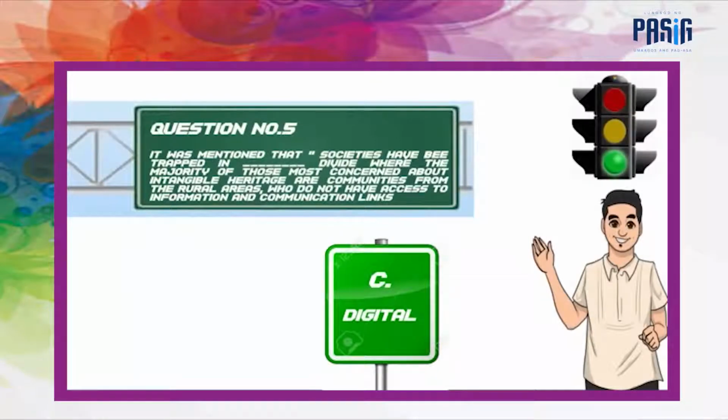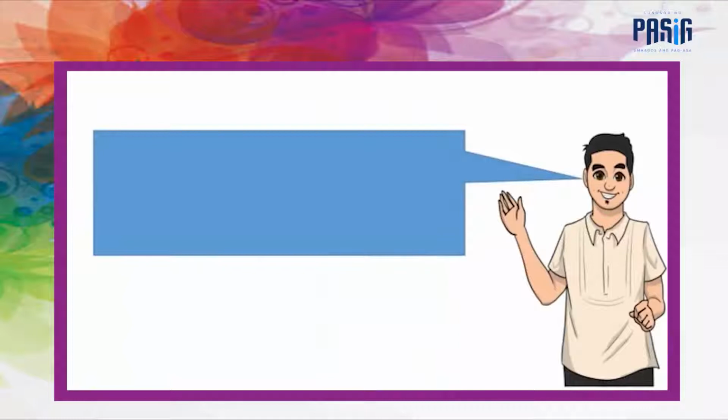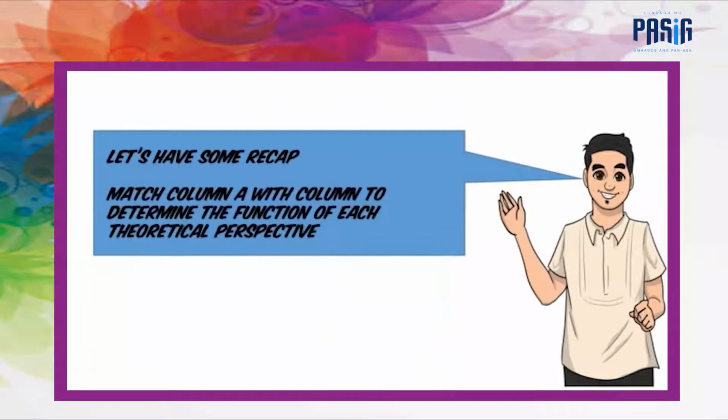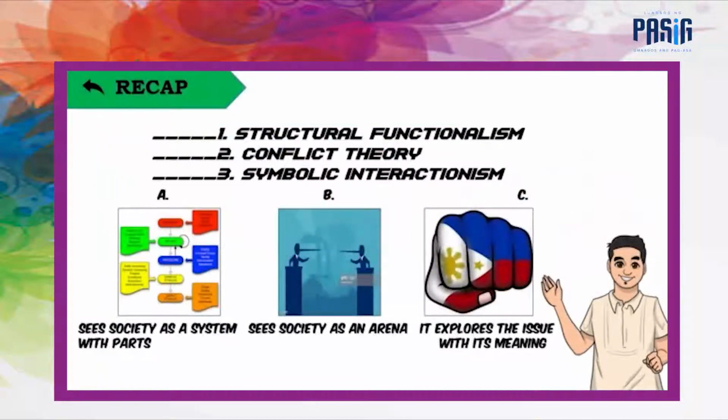Let us now proceed to the recap before the lesson. By matching column A with column B, we are to determine the function of each theoretical perspective. Letter A sees society as a system with parts. Letter B sees society as an arena.